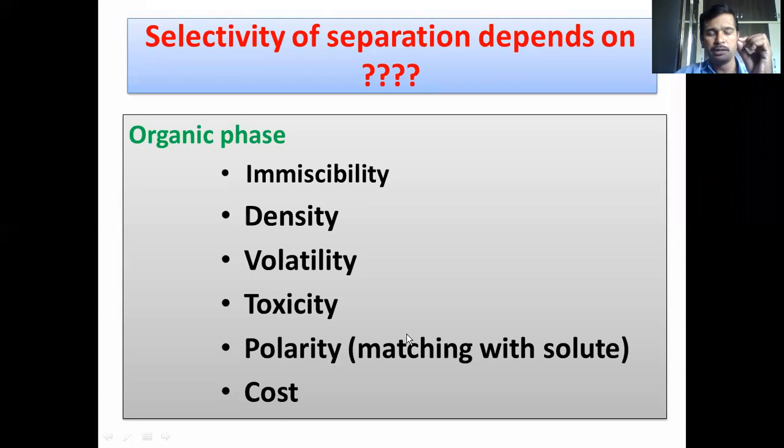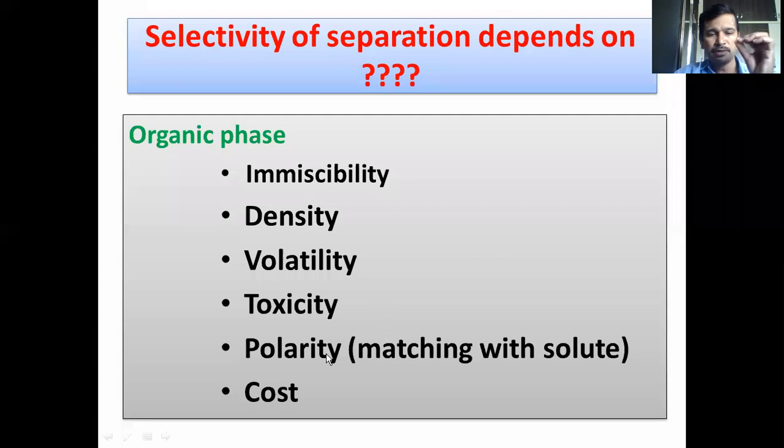Polarity is very important. The analyte solubility in the organic layer is because of the polarity index. If the polarity of the analyte matches the polarity of the organic phase, then only can we expect solubility. Otherwise, we cannot. The principle like dissolves like holds good here. Like attracts like.